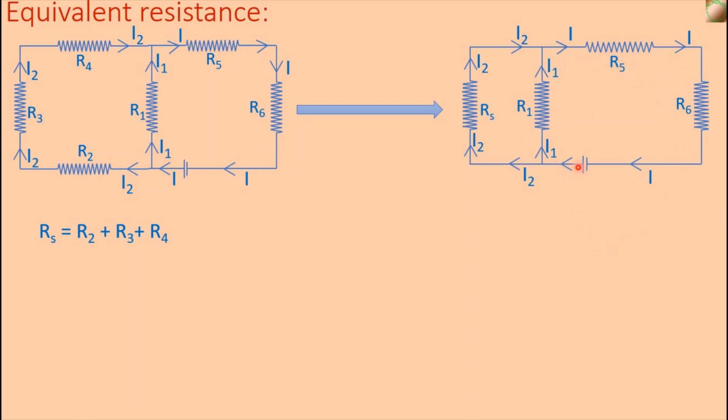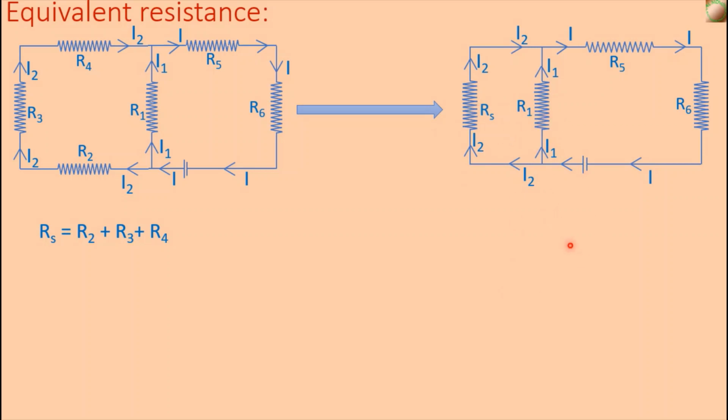Here current I is split into two parts, I1 and I2. That is, the I1 current is flowing through the R1 resistance and the I2 current is flowing through the Rs resistance. As different currents are flowing through these two different resistances, we can say these two resistances are connected in parallel.